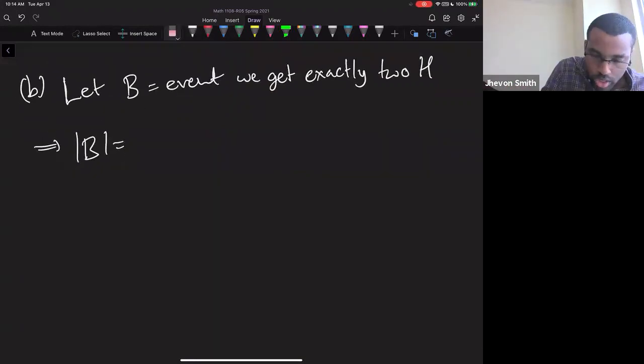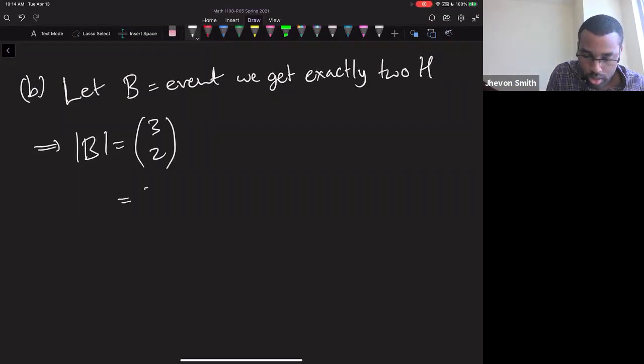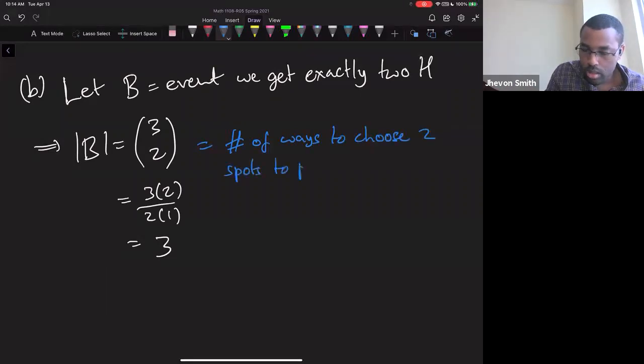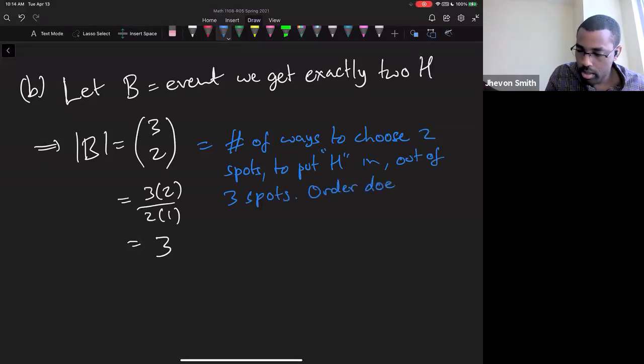So what I'm going to do is just 3 choose 2, which is 3 times 2 over 2 times 1, which is 3 again. Again, this is the number of ways to choose 2 spots to put H in out of 3 spots. Order does not matter.